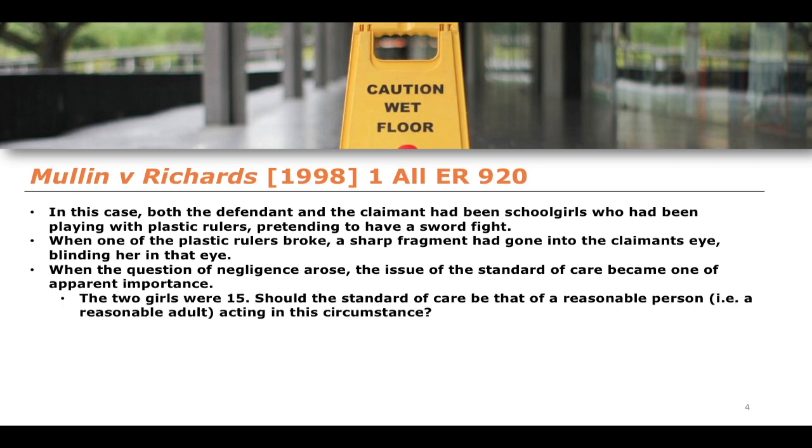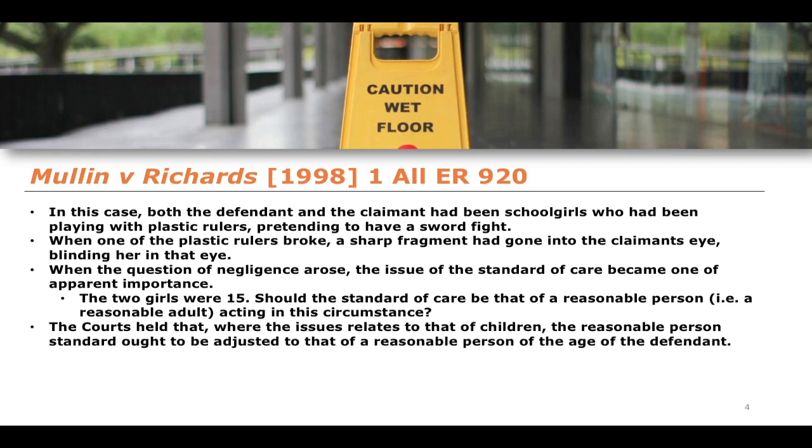The two girls were 15 years old, and so the question was, should the standard of care be that of a reasonable person, i.e. a reasonable adult who was acting in this circumstance, or should it be the standard of care of a 15-year-old, a reasonable person who was 15 years of age?